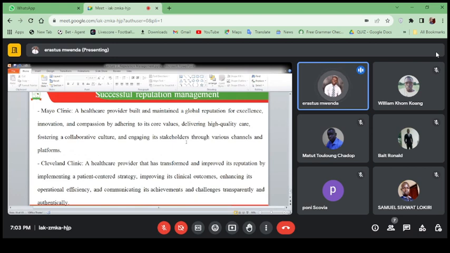Now, we have what we call successful reputation management. We have examples of Mayo Clinic and Cleveland Clinic. When we talk about Mayo Clinic, we are simply saying this is a healthcare provider that has built and maintained a global reputation for excellence.